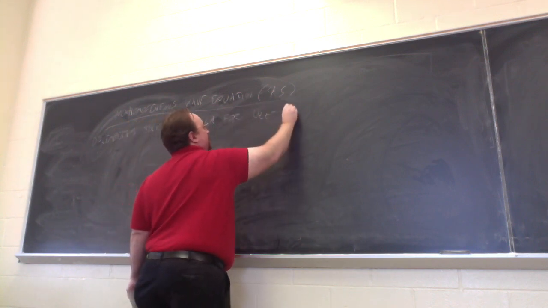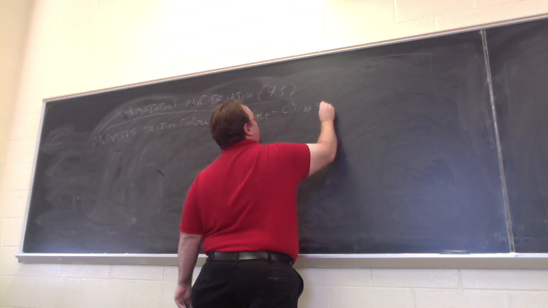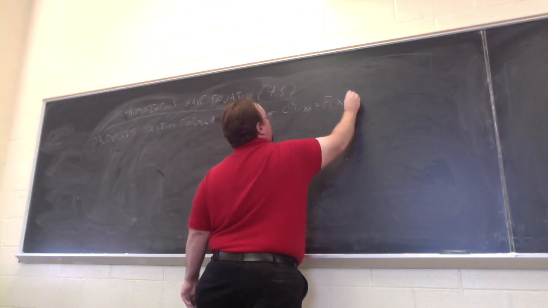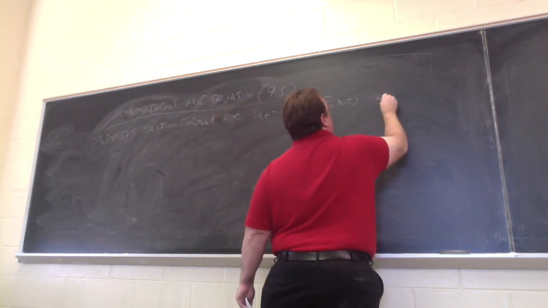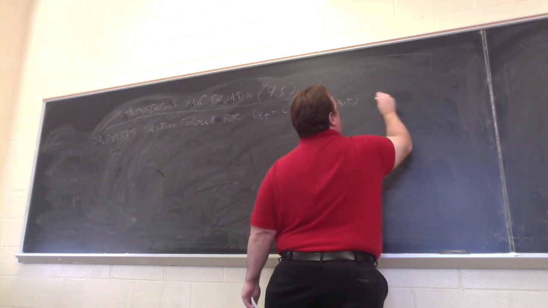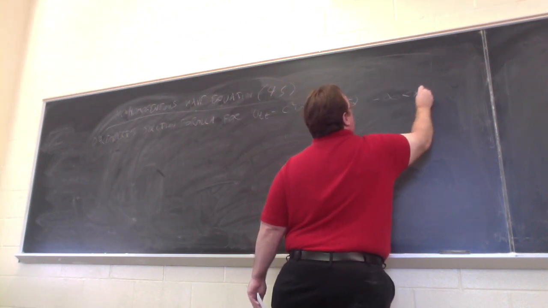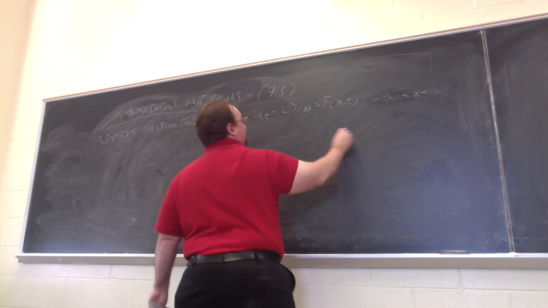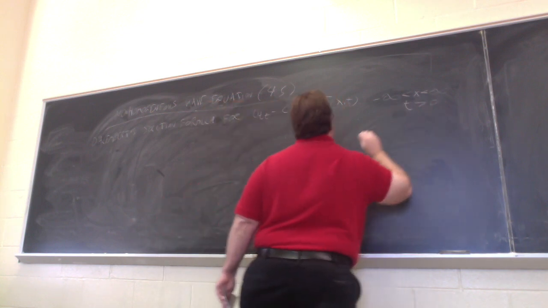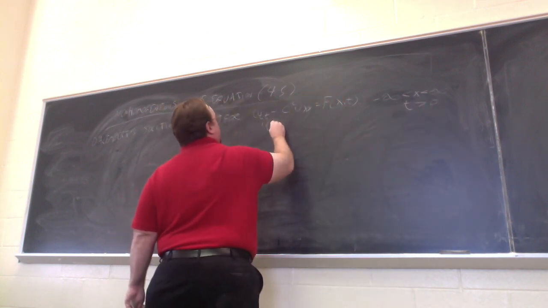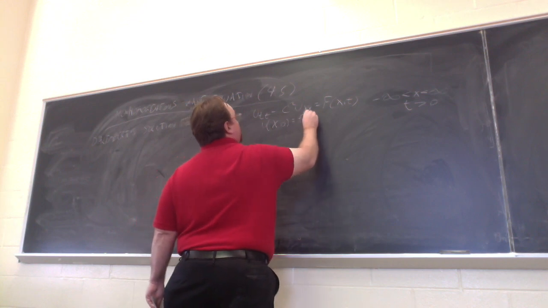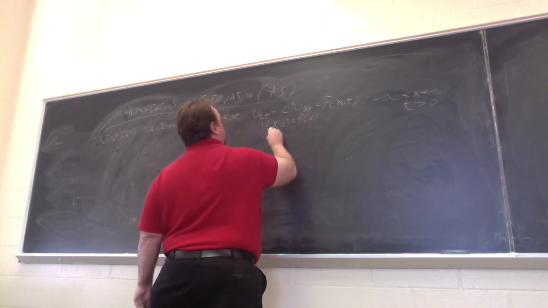We have u_tt minus c squared u_xx equals big F of x,t on the entire real number line, for t greater than 0, and then the usual initial conditions.